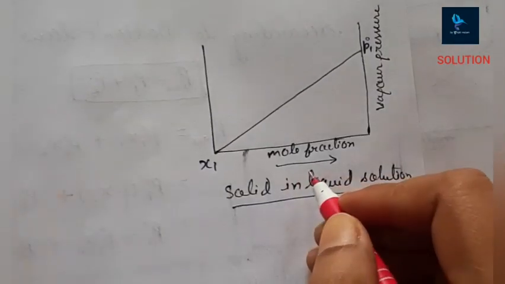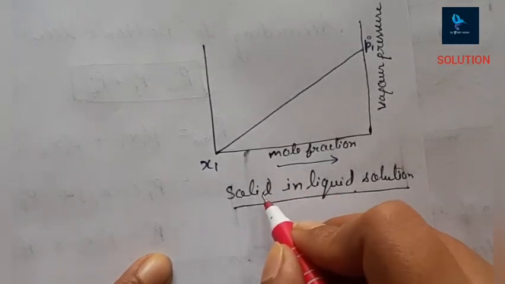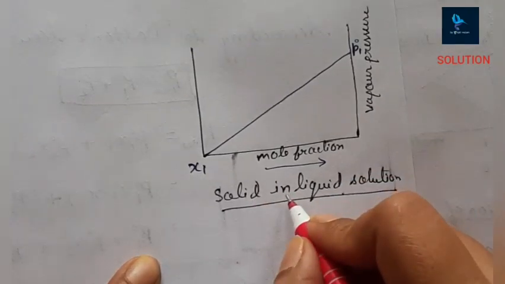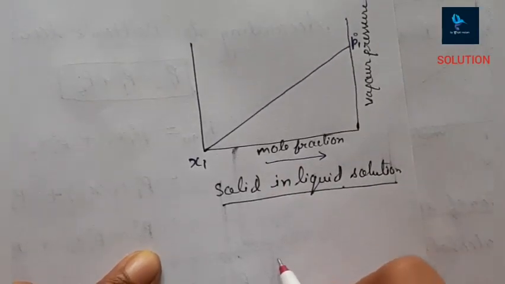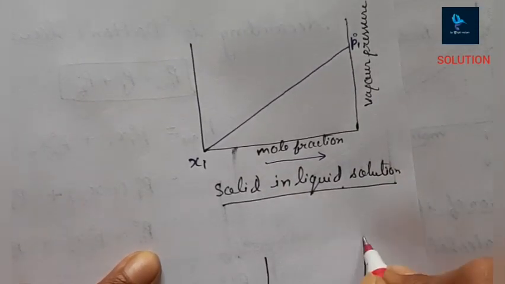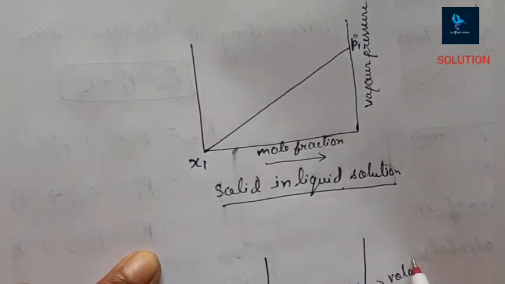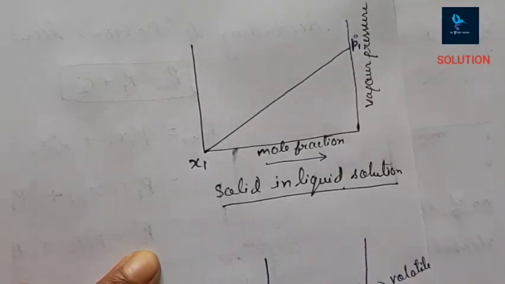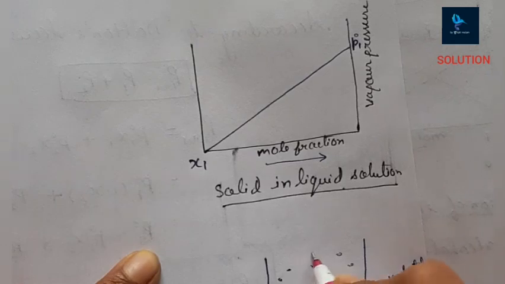But what happens when we take a solid in liquid solution, with the solid as a solute particle and the liquid as a solvent? For example, there is a container containing one liquid which is volatile, and this liquid forms vapor pressure.